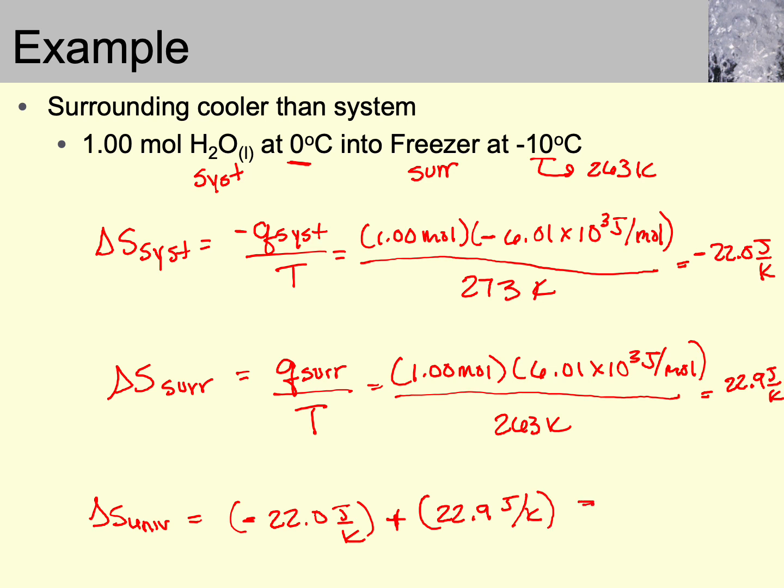So this one, it's still going to be positive, but it's going to be much smaller. It's only 0.9 joules per Kelvin for delta S of the universe. So we still get an increase in the delta S of the universe, even if it's flowing in the opposite way.